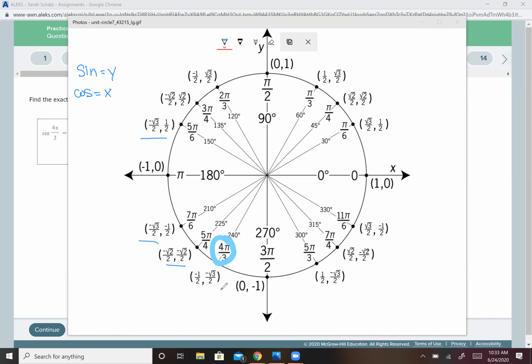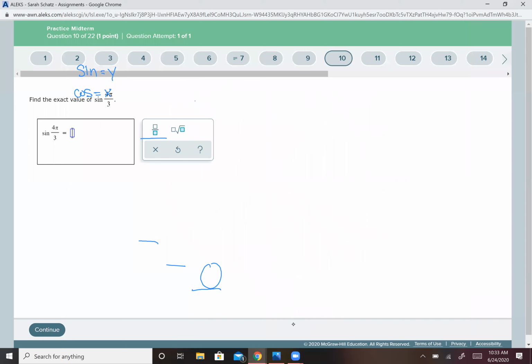So for 4 pi over 3, I look at my coordinates. I'm looking for the sine, so I'm just looking for the y value. So it's right there, -√3 over 2. So I would just say the sine of 4 pi over 3 equals -√3 over 2.